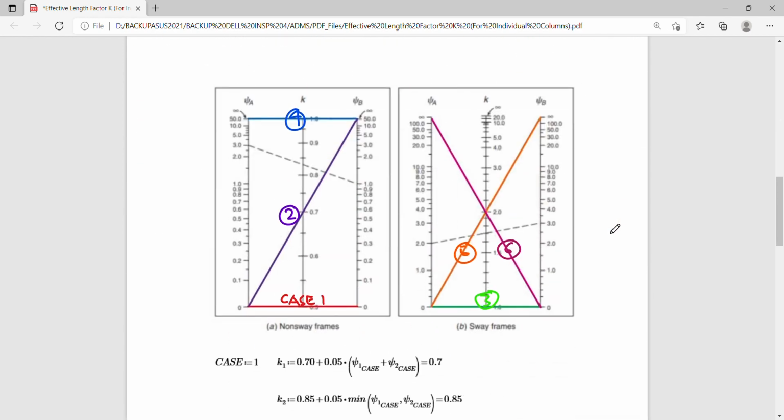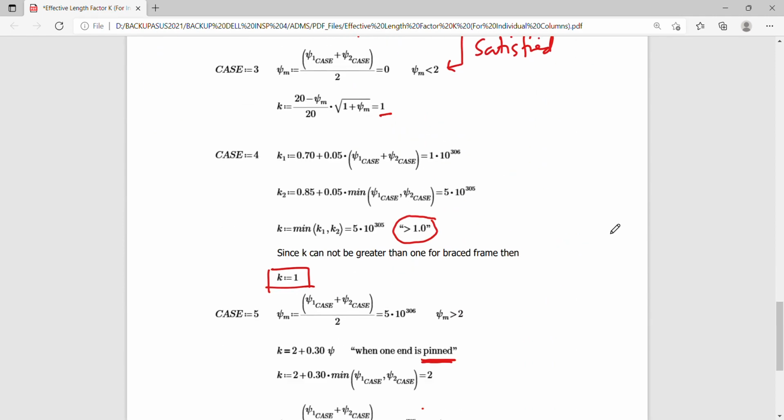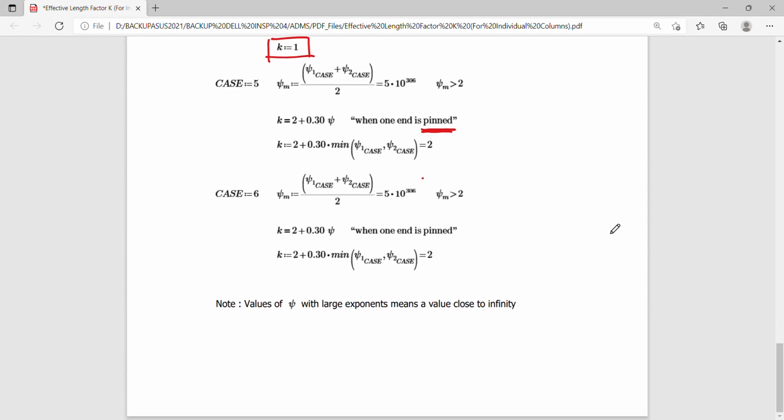So we use the value of 0 to represent the value of psi here. Okay, so this is now the minimum value, which is equivalent to 0.